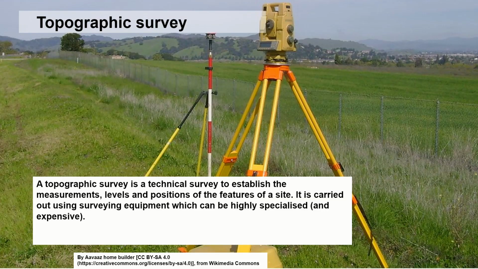So a topographic survey uses specialist equipment, usually done by a specialist surveyor, and it provides you with measured data on the heights of the various landscape features, the exact positions of landscape features, banks, fences, manholes, everything that's on the site can be measured.